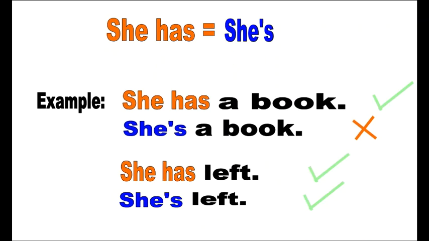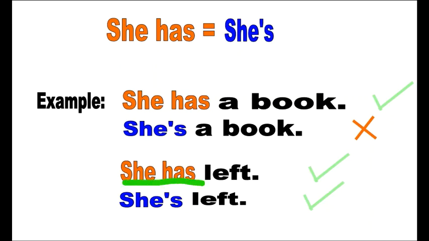Now let's look at how we can use the contraction of she has. The contraction of she has is she's. Example, she has a book. The contraction, she's a book. That's wrong. It has changed the meaning of the sentence. So she has a book is different from she's a book. So the contraction of she has cannot be used in such a sentence. Look at the example below.